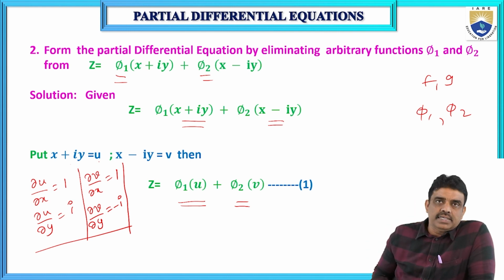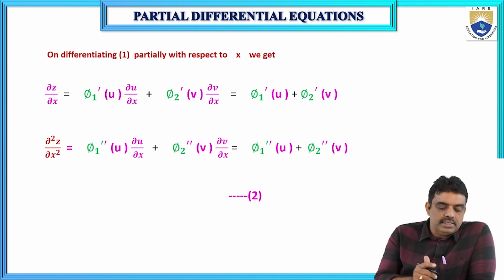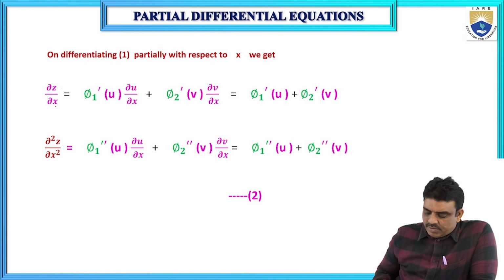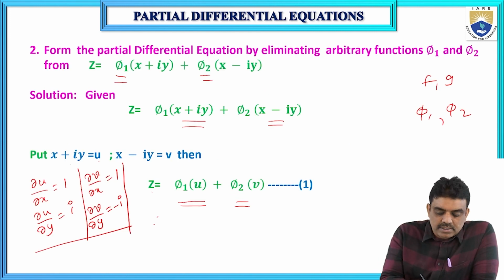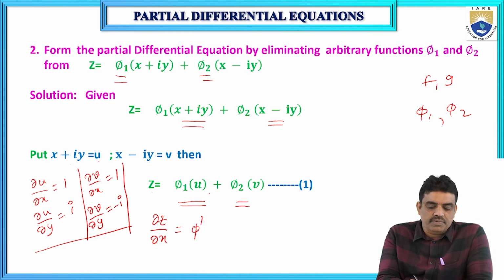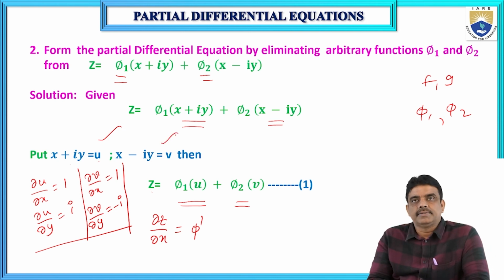Now I want to differentiate partially with respect to x and y. On differentiating with respect to x, ∂z/∂x is equal to phi 1 dash, where u is a function of x and y, and v is also a function of x and y.